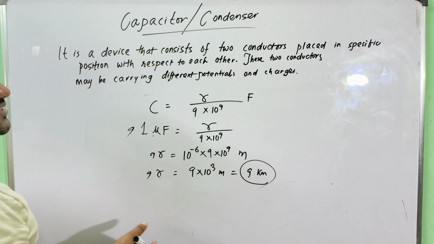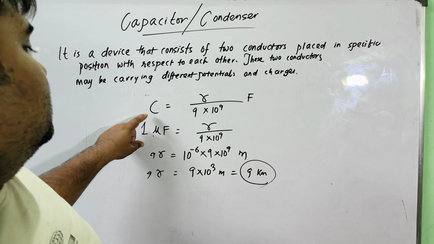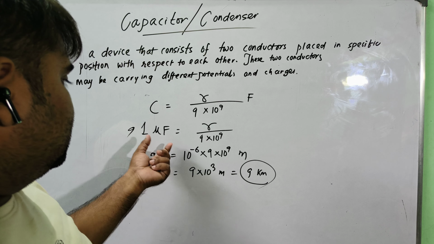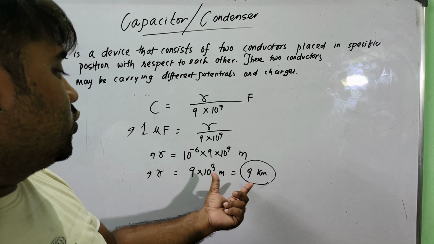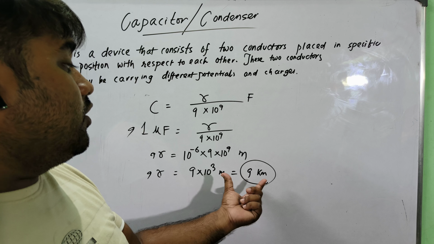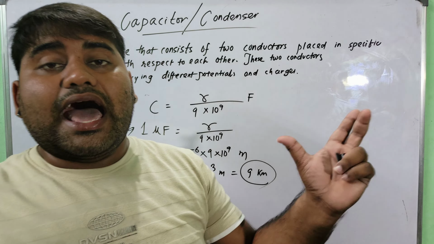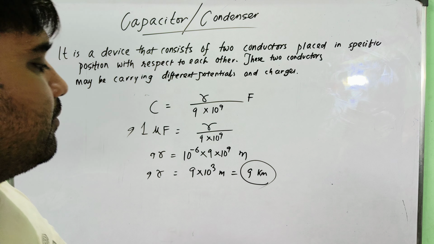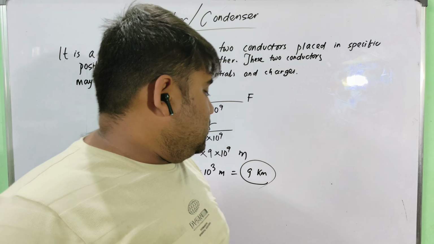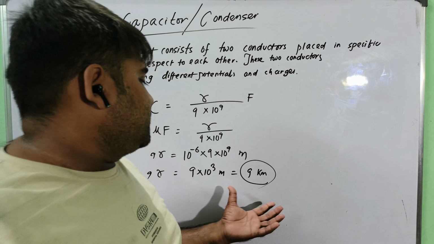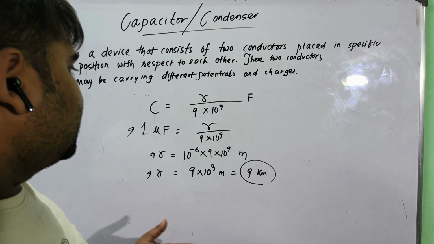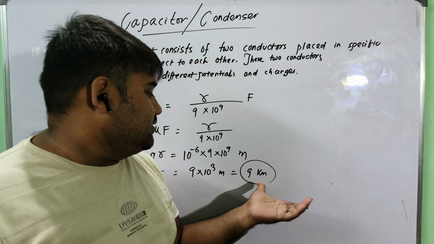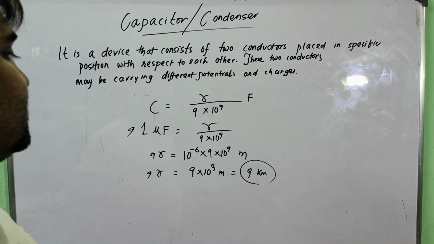So for a capacitor to get a storage of this much farad, it should have a radius of 9 kilometer. That is a large thing even to imagine, because we cannot get more than this naturally by using this theory.